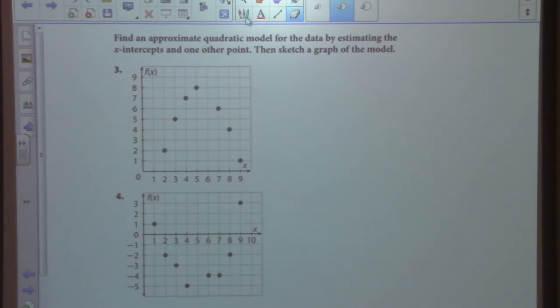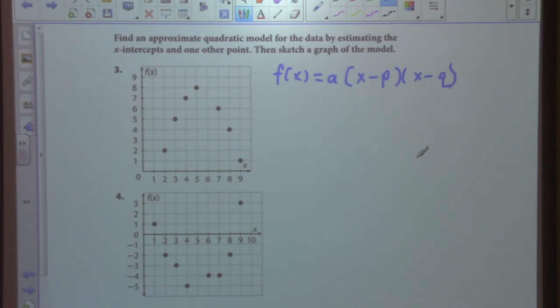The factored form is f of x equals a times x minus p times x minus q, where p and q are the x-intercepts.